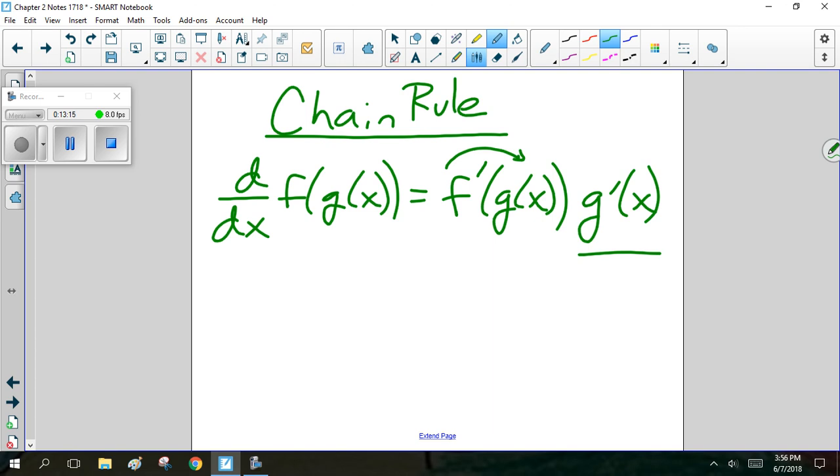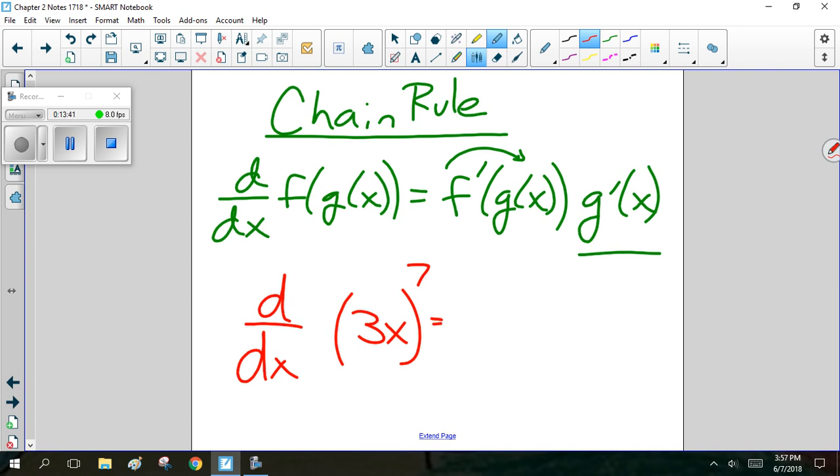Suppose I want the derivative with respect to x of 3x to the 7th. There are a couple of ways you could do this. You could figure out what 3 to the 7th is, and then have whatever 3 to the 7th is times x to the 7th and take the derivative. The other way is this. Pretend this was just an x, so you'd get 7 times 3x to the 6th.